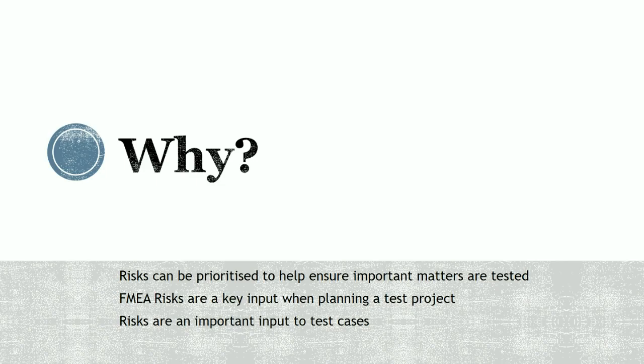Things that are really important and need to be there, and things that you want to have working but aren't as critical. So you can sequence the risks, and then when you're putting your plan together, you can work on the most important things first. If you run out of time, you can rest assured that you've tested the most important things first, and the other things, whilst they're of value, aren't as important as the things you've tested. So it helps you with the testing project.